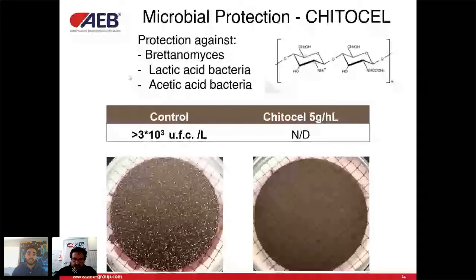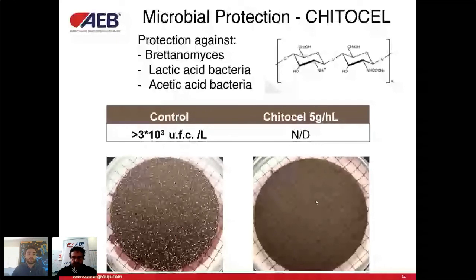As you can see here, this was a contaminated wine before the addition of chitosan, and here was after the addition of chitosan. So chitosan helps you reduce the spoilage microbial load of your wine, and so can help you also reduce the SO2 usage, improving the quality of your wine.